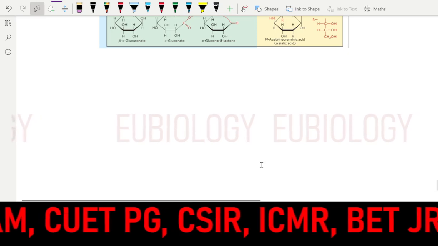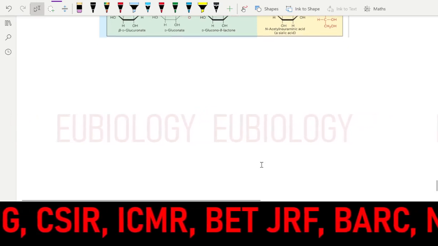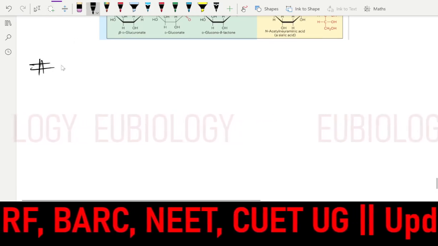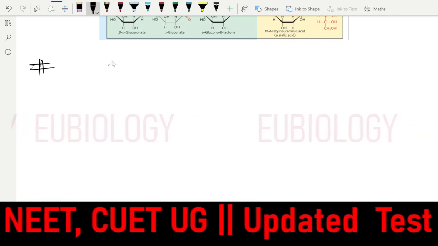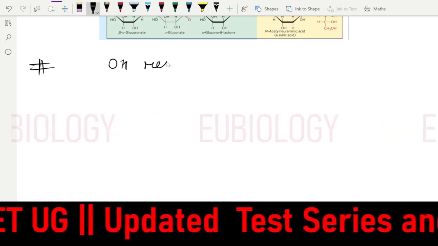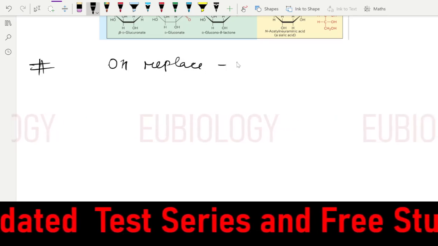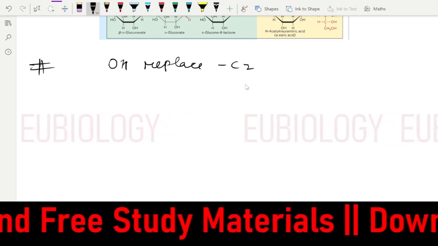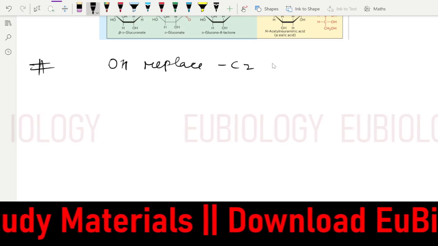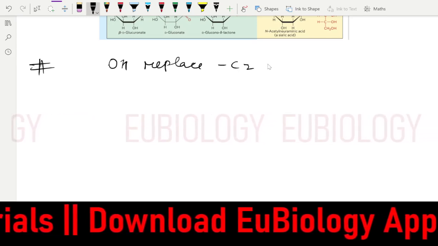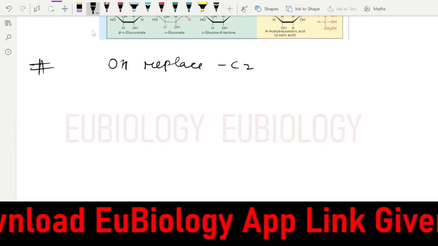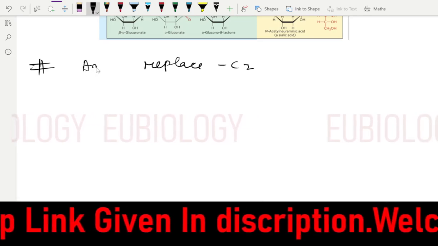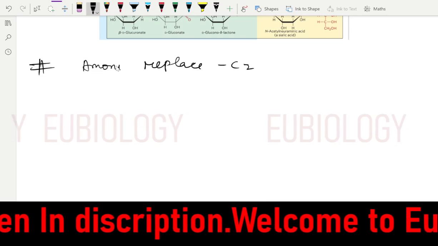What I am going to write now is the important thing. So glucose: OH replaced from the C2 carbon. Okay, C2 carbon, replace the C2 OH with amino.